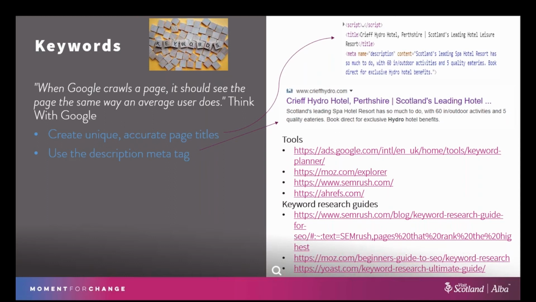Major tip here would be to sell your content, make it sound exciting, and be clear that it's what the user or the searcher is looking for. Again, include your primary keyword or keywords at this point, and you've got up to 160 characters, including spaces here. So you can see the meta description for Crieff Hydro is Scotland's leading spa hotel. I'll just use my little highlighter.